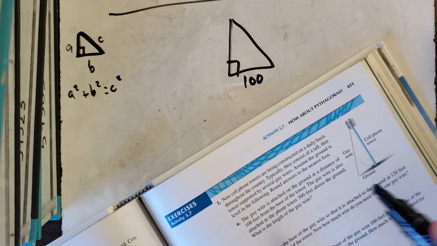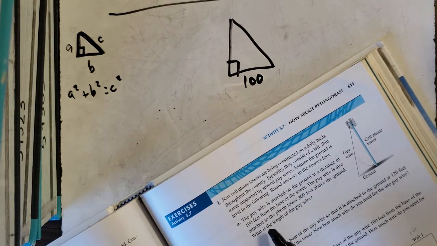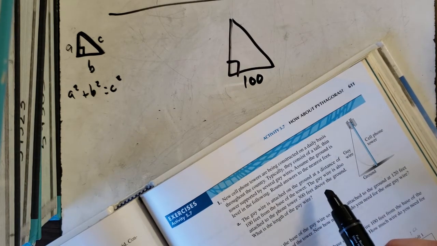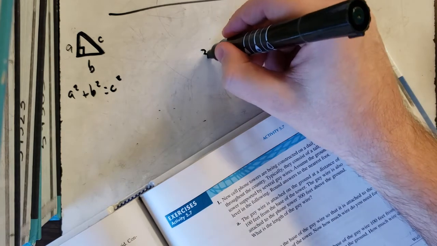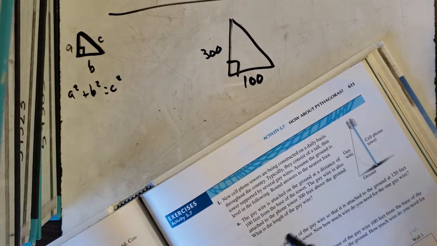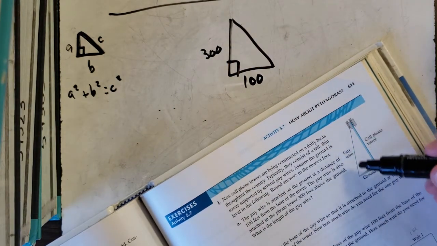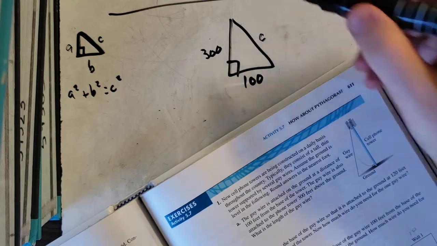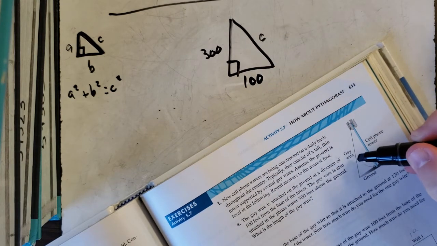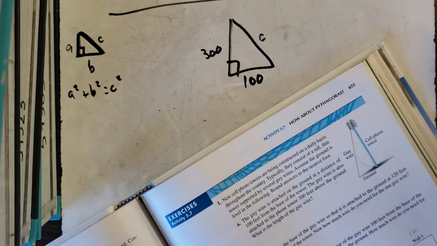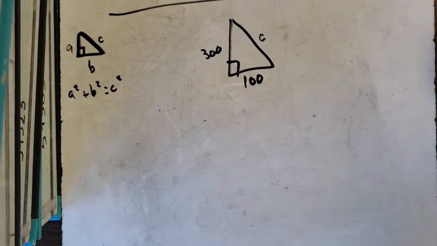And then it says the guy wire is also attached to the phone tower 300 feet above the ground. So our side here is 300. What is the length of the guy wire? Here's our guy wire. What is this length here? That's what we're trying to find. We know it's C because it's opposite of our little box. That's our C. So let's go ahead and solve this.